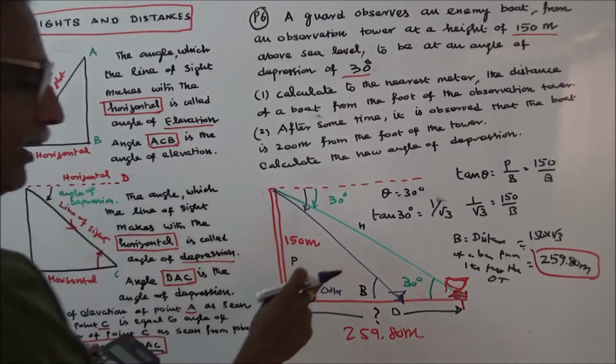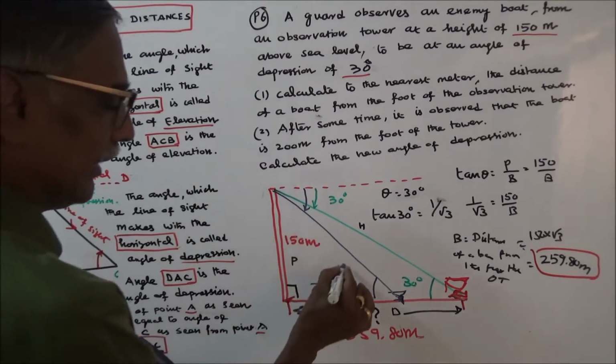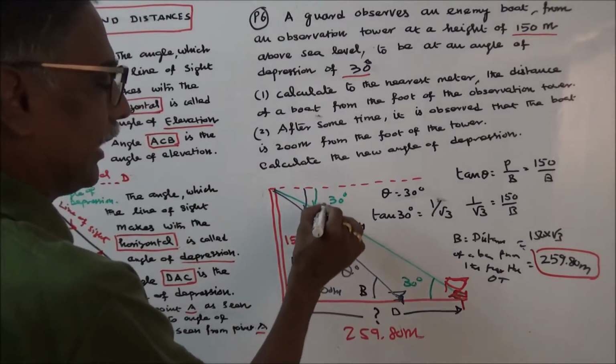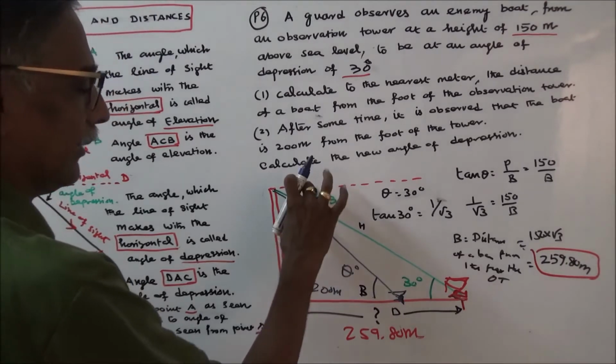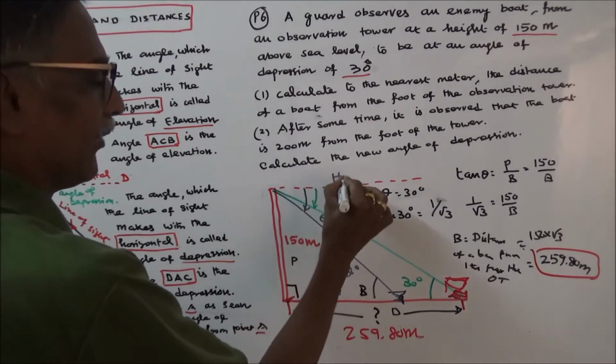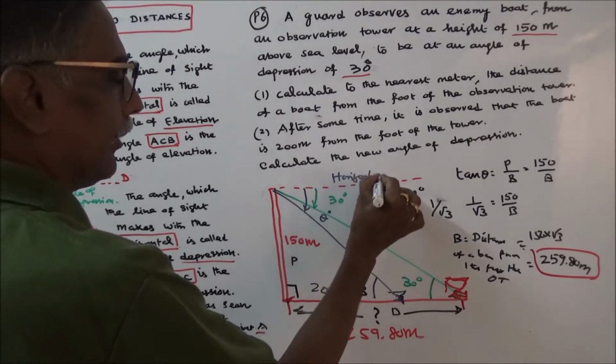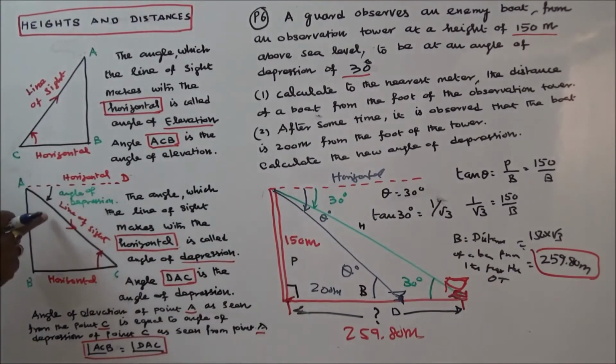Again, we have to calculate theta, the angle of depression, which is the angle between the horizontal and the line of sight.